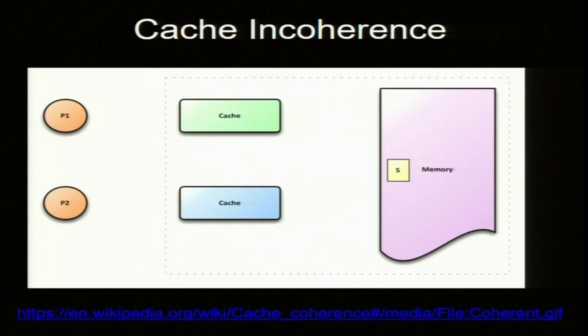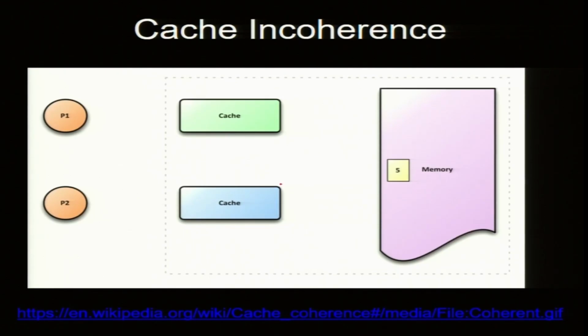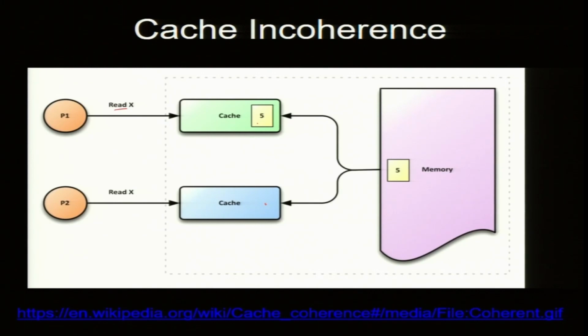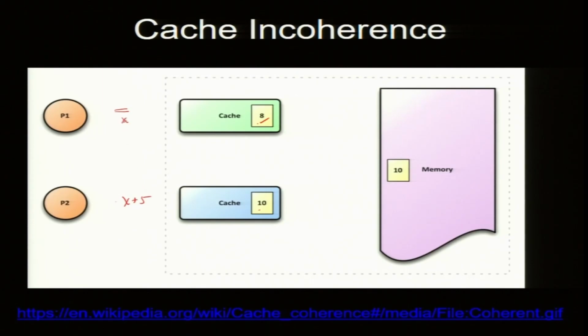Okay. So, let us look at this cache incoherence problem. You have to watch the movie carefully. This is from Wikipedia. First start with 5. It is asking to read X, 5 comes in here. So far good. X plus 3, so it has become 8, and this one is X plus 5, which gives 10.